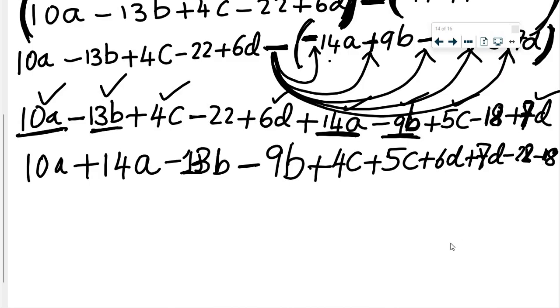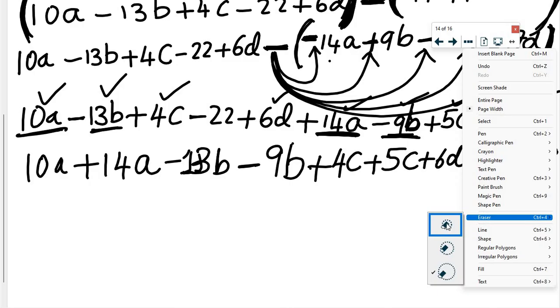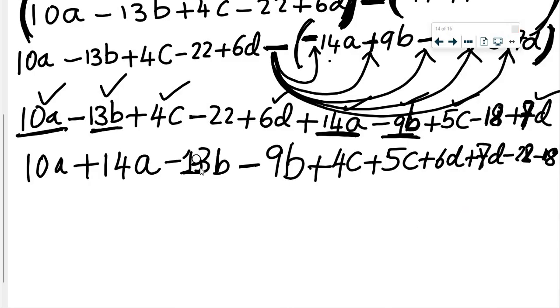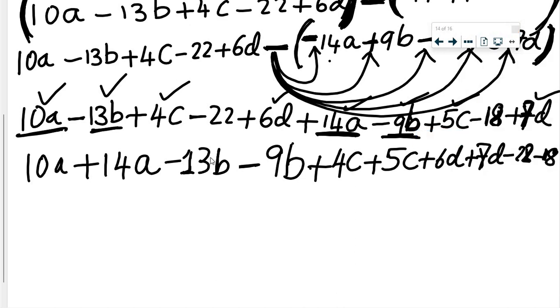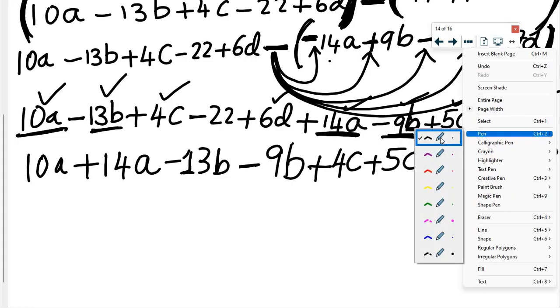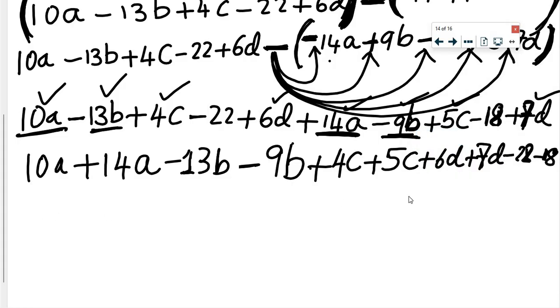Okay. Then after collecting like terms, let me try to make things clear. This is 13b, and this is 22. Now, when you reach here, after collecting like terms, then you do grouping.